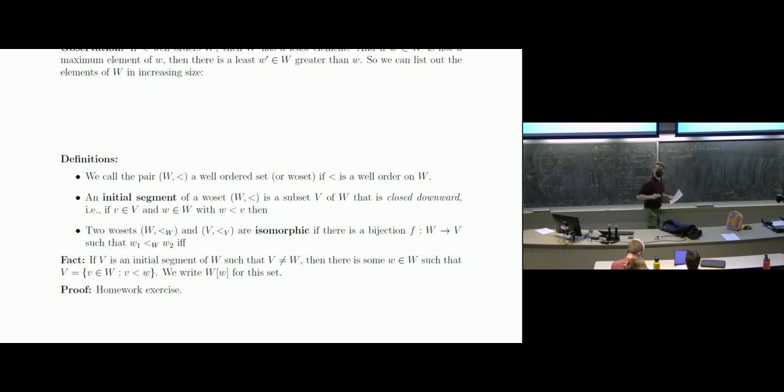Now, I've used that word before informally. If you haven't seen it before in your mathematical lives, iso means same, I think, and morph means like shape.